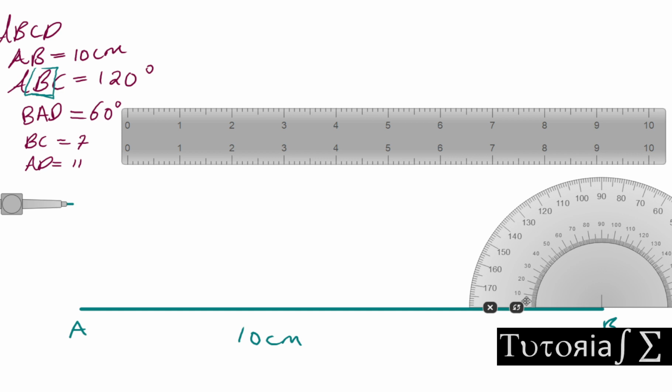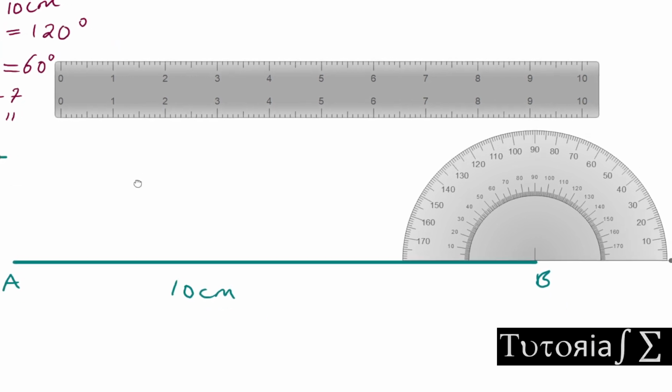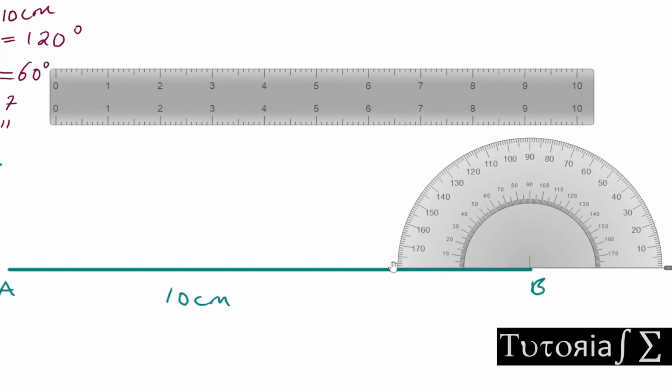You should make sure that the scale that you're using is the scale that starts from 0 inside. So for me, I should use this inside scale. Now I am measuring 120 from B. You measure from inside.